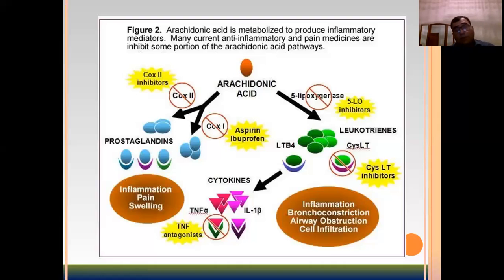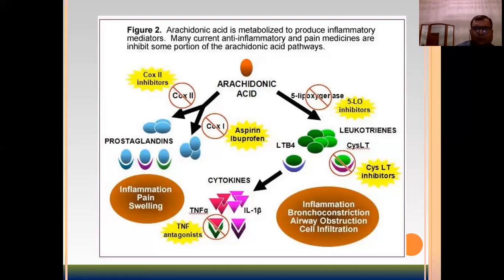They cause vasodilatation throughout the body except in the myocardium. So these leukotrienes are involved in bronchoconstriction, especially in bronchial asthmatic patients.